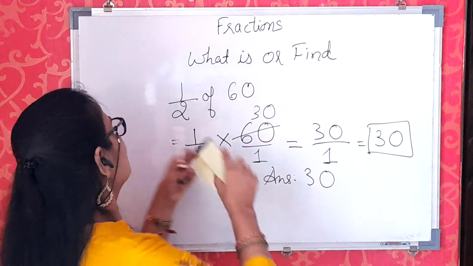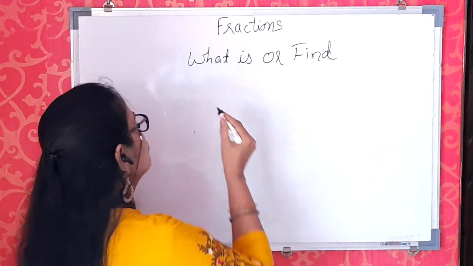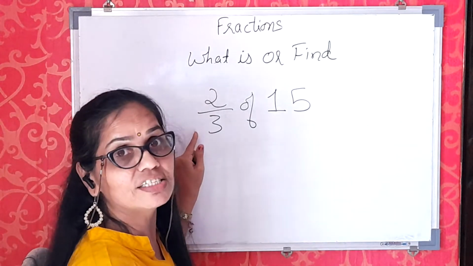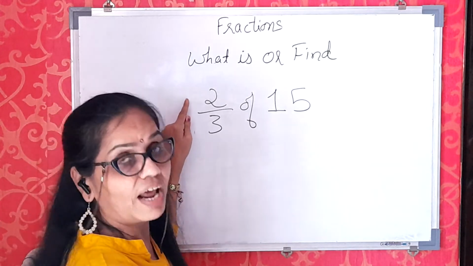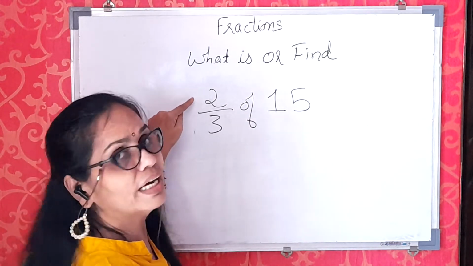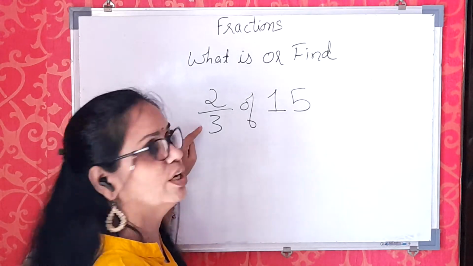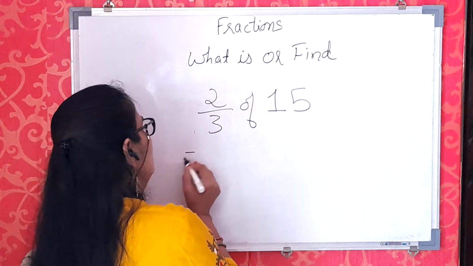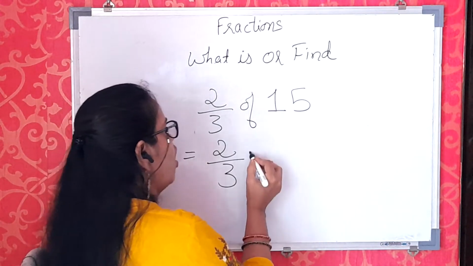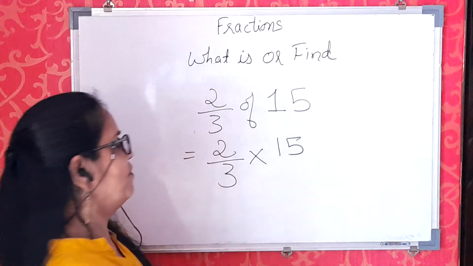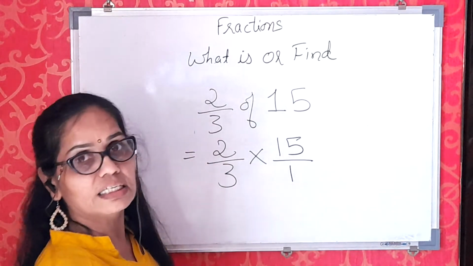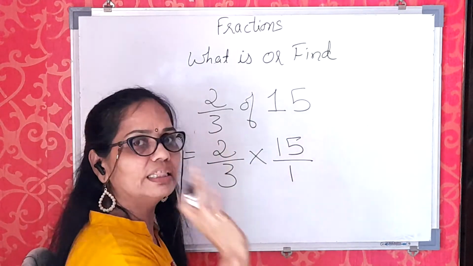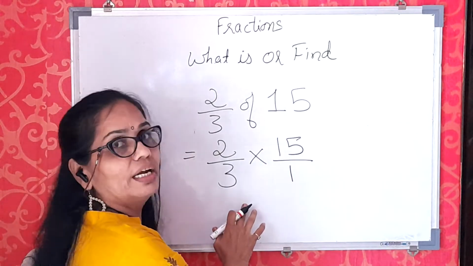Clear? Now suppose your sum is like this: 2/3 of 15. How will you read this fraction? 2/3. As I told you, in a fraction, how will you read? Numerator in cardinal number and denominator in ordinal number. So it is 2/3 of 15, which is equal to 2/3, 'of' means multiplication, and 15. Now no denominator, consider 1 as the denominator. Now here in the 3 table, children, one thing: you can cancel numerator and denominator numbers only.